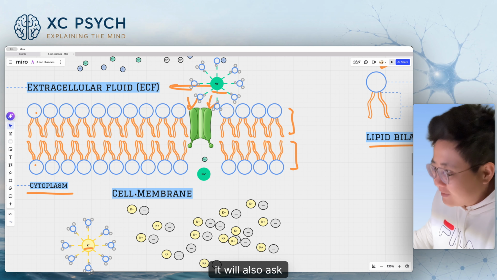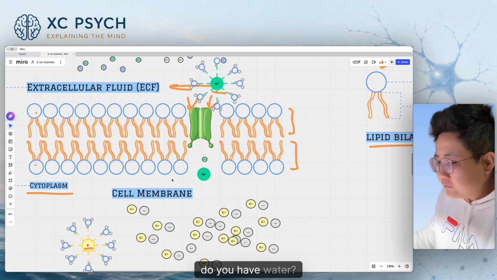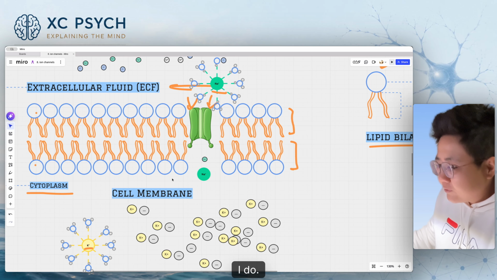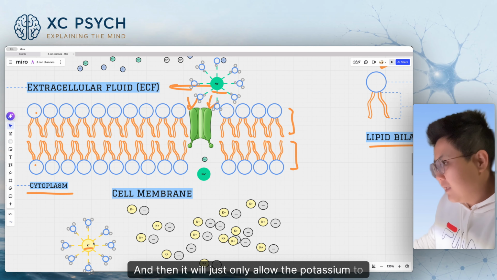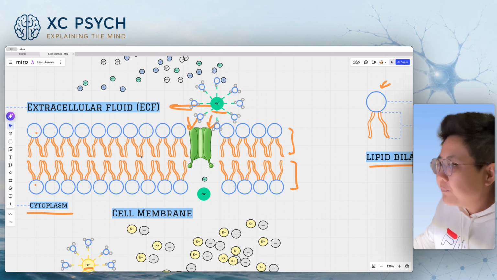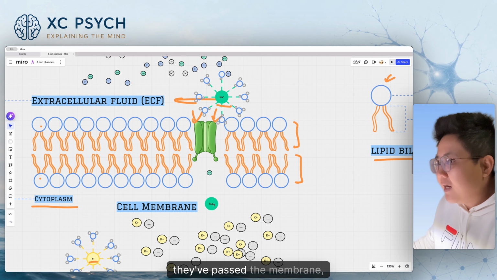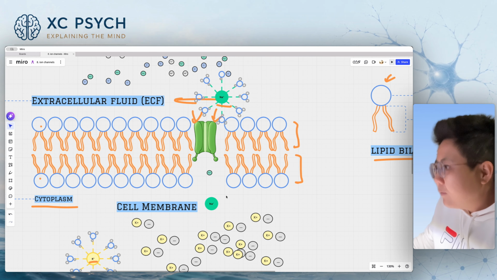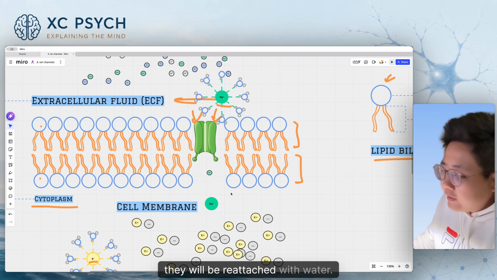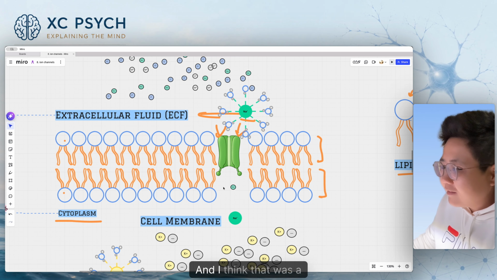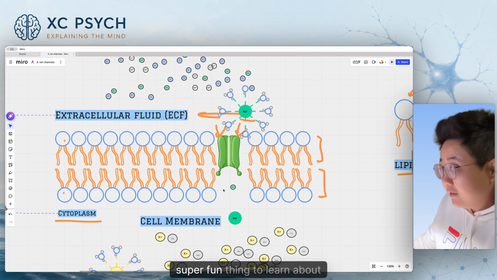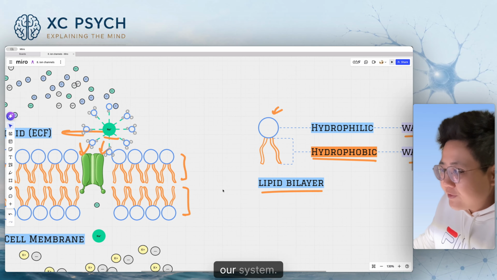It will also ask the potassium, hey, do you have water? And then, yes, I do. And then it will only allow the potassium to go through and strip off the water. And once they've passed the membrane, whether in or out, they will be reattached with water. And I think that was a super fun thing to learn about our system.